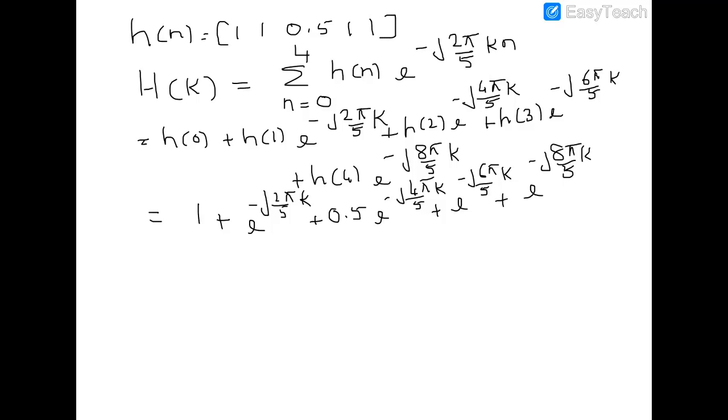Let us put the values of k as 0, 1, 2, 3, 4 and try to find out. H of 0 is equal to 4.5.